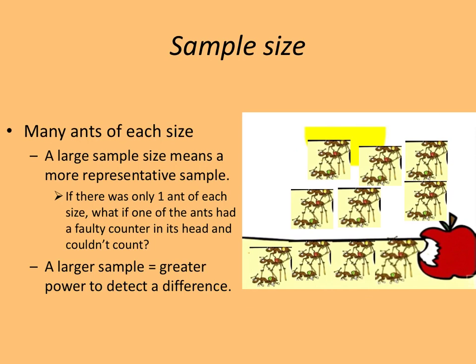If you have some faulty ants, it's no big deal. For the most part, you're going to get results that actually show that the ants can perhaps count. Okay? Now, in terms of sample size, you have to make sure to always have as large a sample as possible. But it's not always possible.